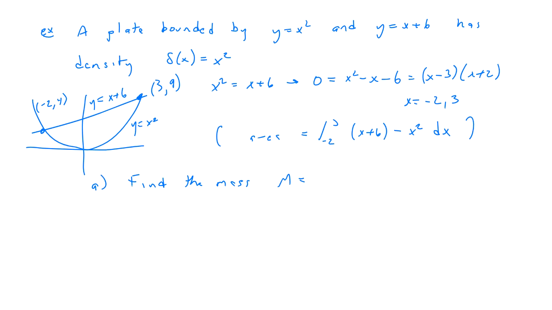So what do I add in to get the mass? So this is the area. So kind of like the last one, we add in the density, right? So we do the -2 to 3. We put in the density.